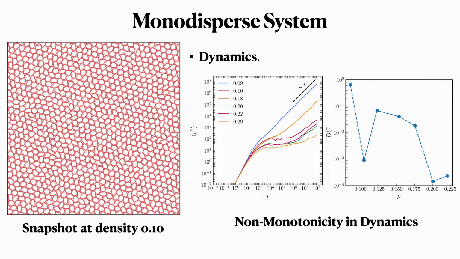But still, particularly when you go to 0.2, you don't even see the crossover. It's slowly approaching diffusion, but it's not an exact process.